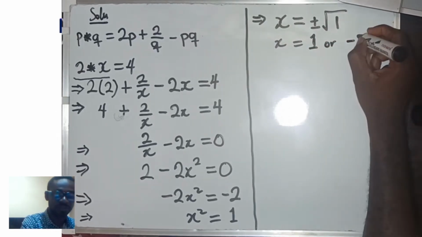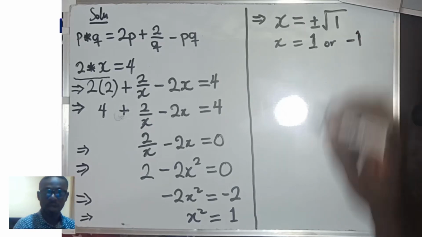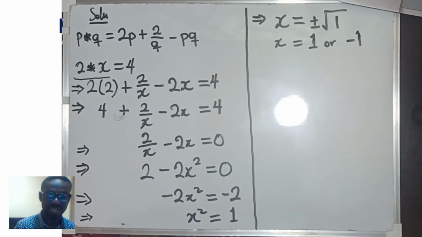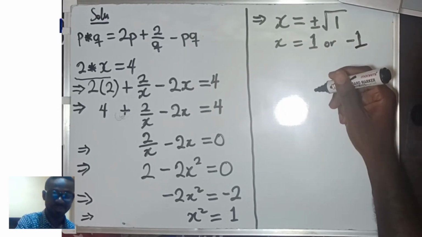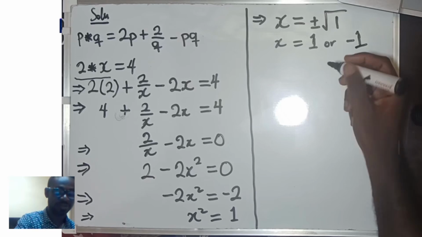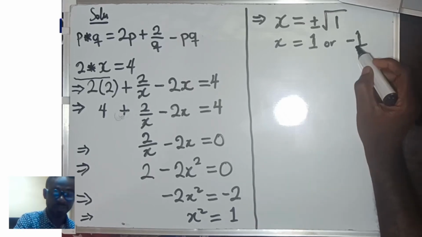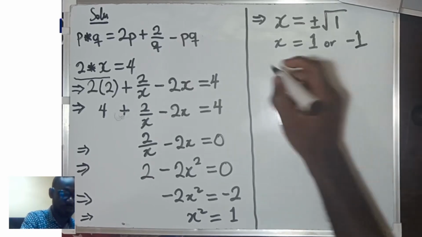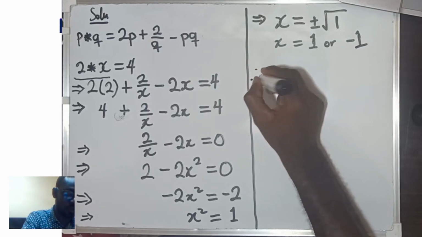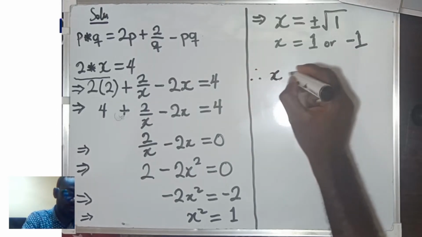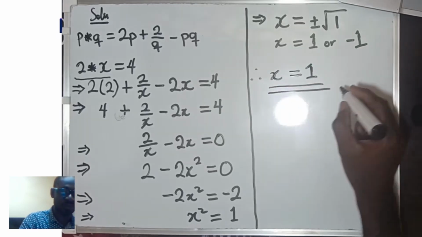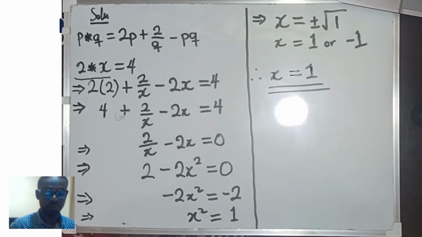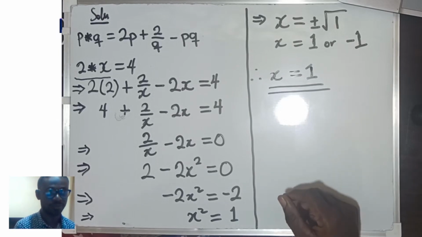But remember, the question said that the binary operator is defined on the set of positive real numbers. Since negative 1 is not a positive number, it implies that therefore x is equal to 1, since we are looking at positive real numbers.